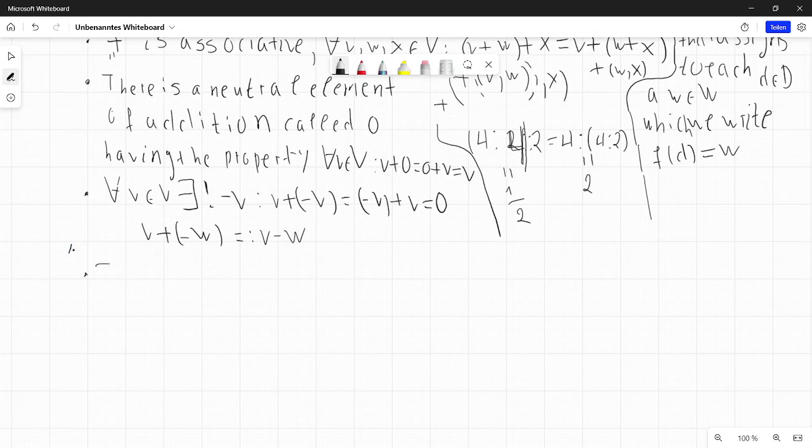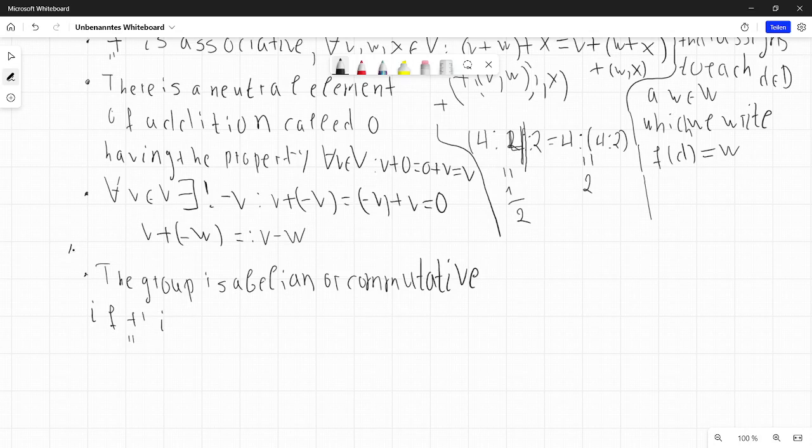The group is abelian, or commutative, if plus is commutative.